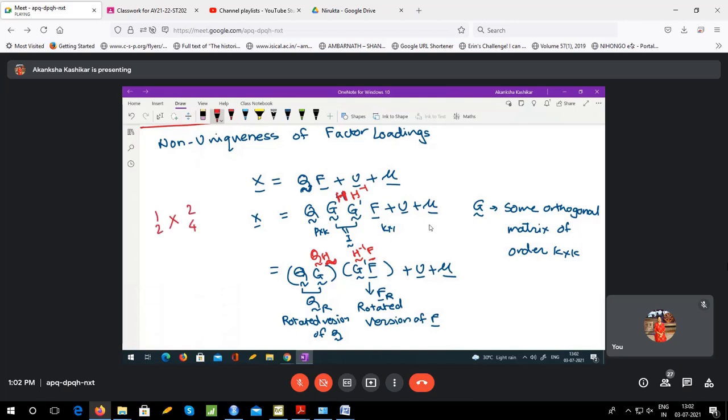This is not rotation. Rotation also changes things significantly. So who told you that you shouldn't change things? Because anyway rotation is also changing, so why not through H? Because mathematically, at least up to this stage, I don't see any problem. Of course, there must be some problem. That's why people suggested orthogonal matrix, and I want you to figure out that problem. That is my question. What is the problem if I use an arbitrary matrix instead of an orthogonal matrix?